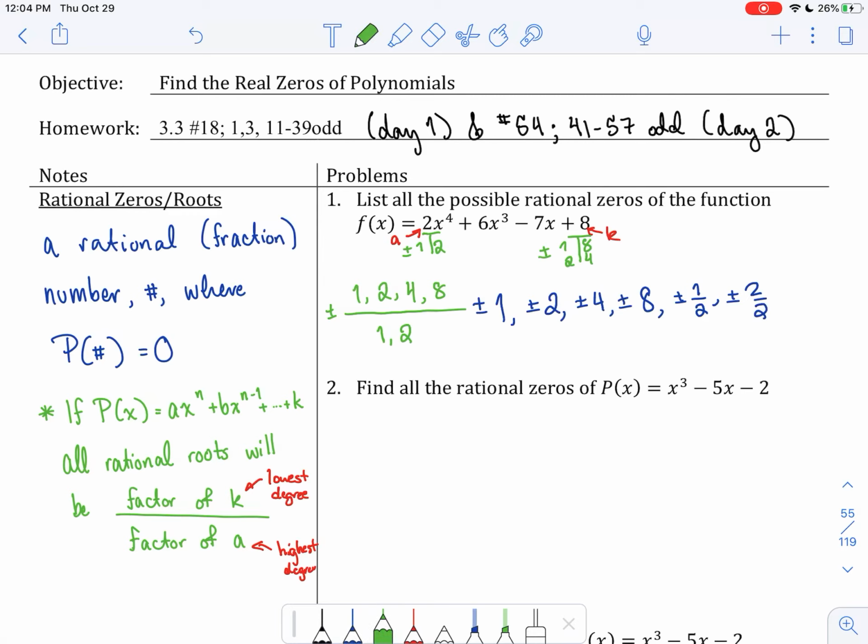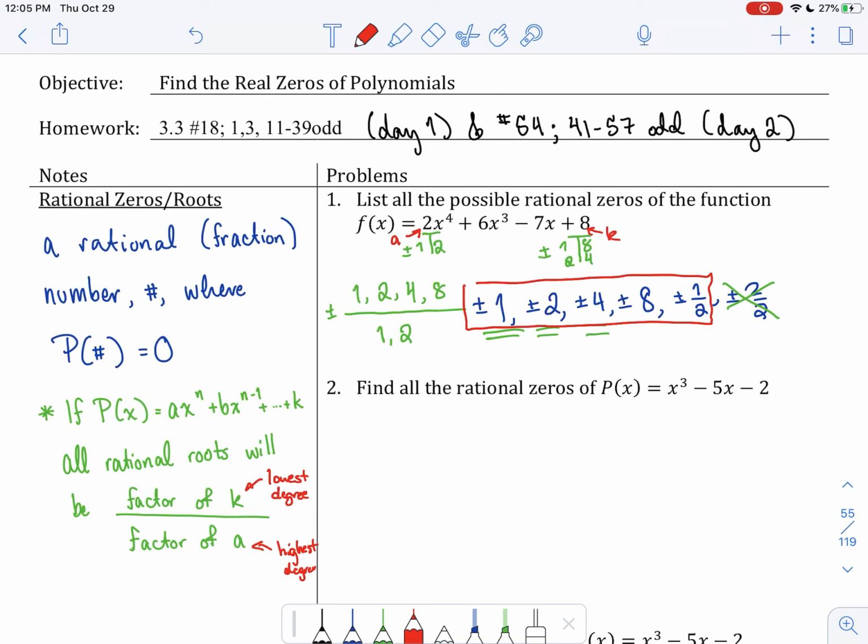I don't need to write that one because I already have plus or minus 1. What about 4 over 2? Well, that's plus or minus 2. And 8 over 2 is plus or minus 4. So this list that we have here are the possible rational roots for this polynomial f of x.